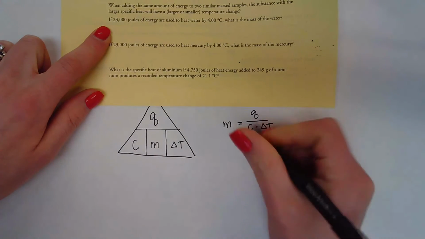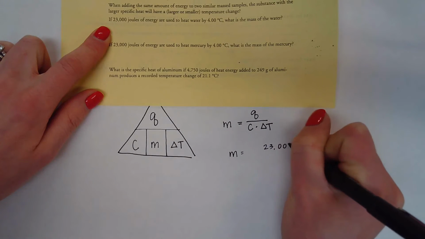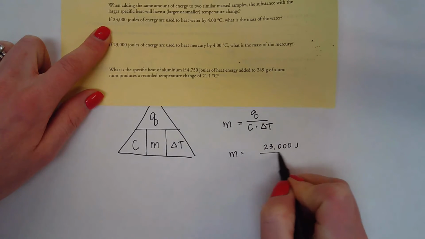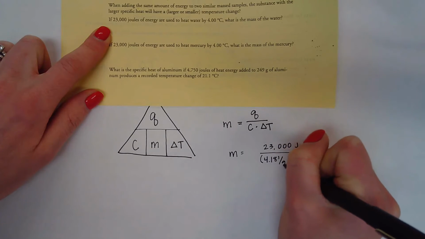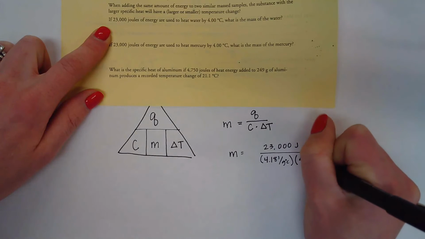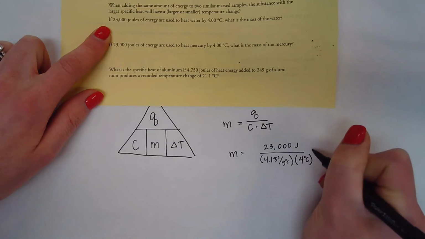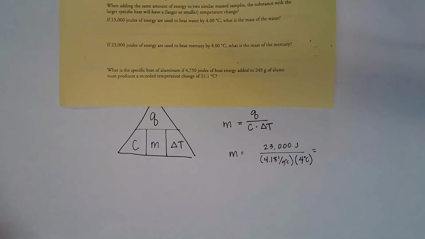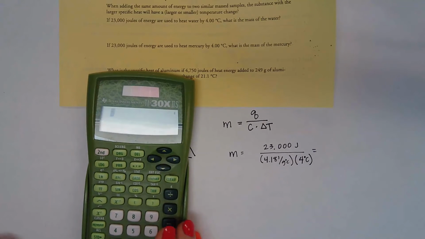So let's get those numbers from here. Mass is going to be equal to 23,000 joules divided by the specific heat of water, which is 4.18 joules per gram degrees Celsius, times the change in temperature, which is 4 degrees Celsius. And then we should be able to get an answer from that. It's really important when you do these calculations in your calculator that you're using appropriate parentheses.